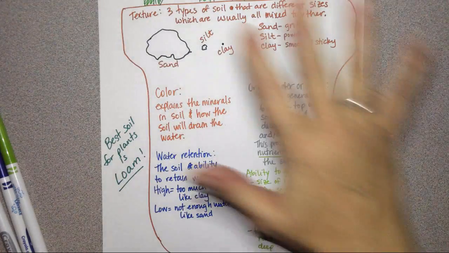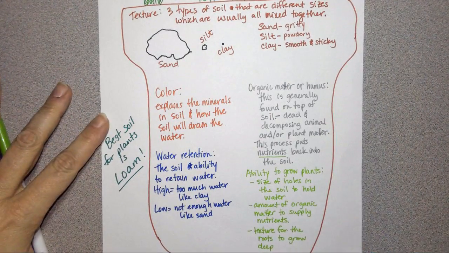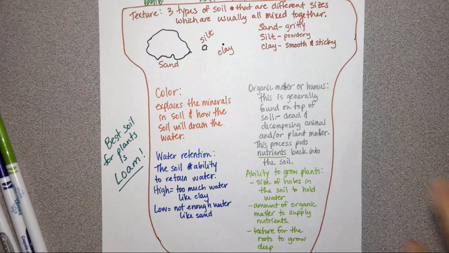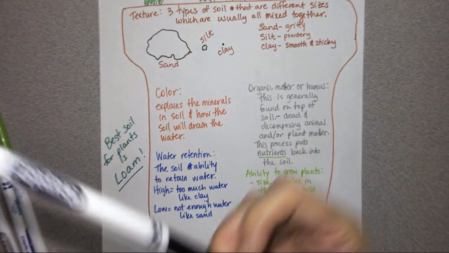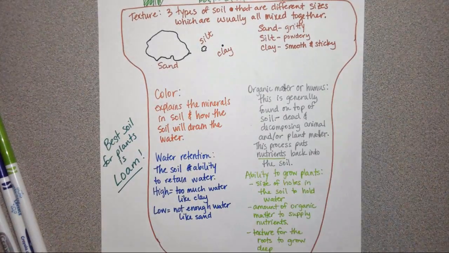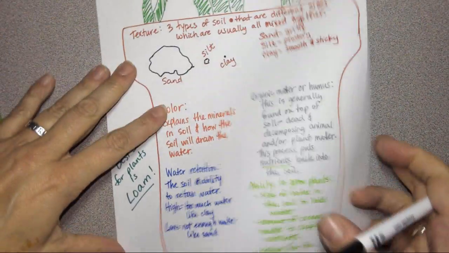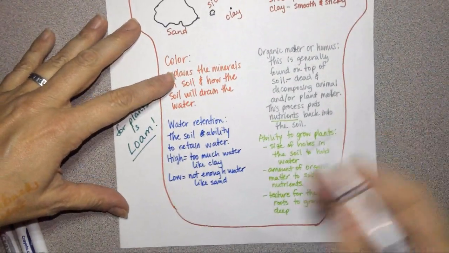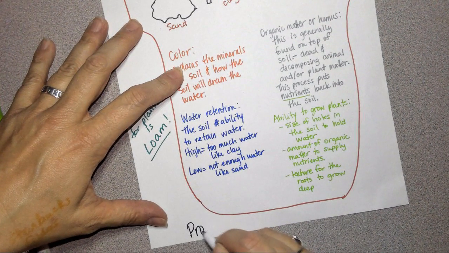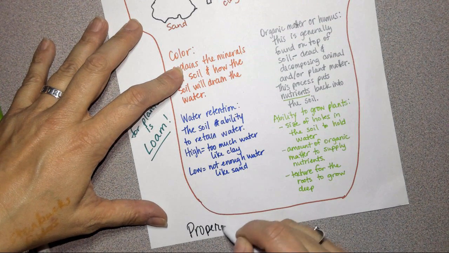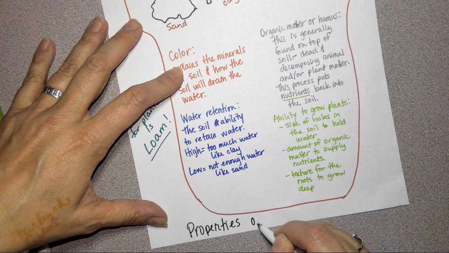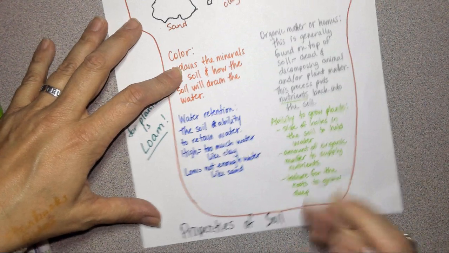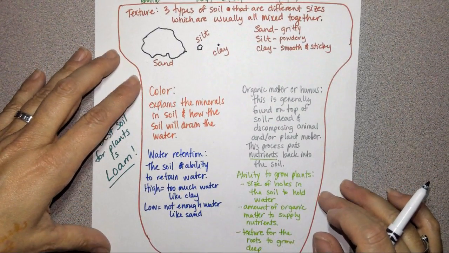Okay, so because it has all these properties. Okay, so what are these again? Oops, I need my black marker. Correct. These are, I hope y'all can see it, properties of soil.